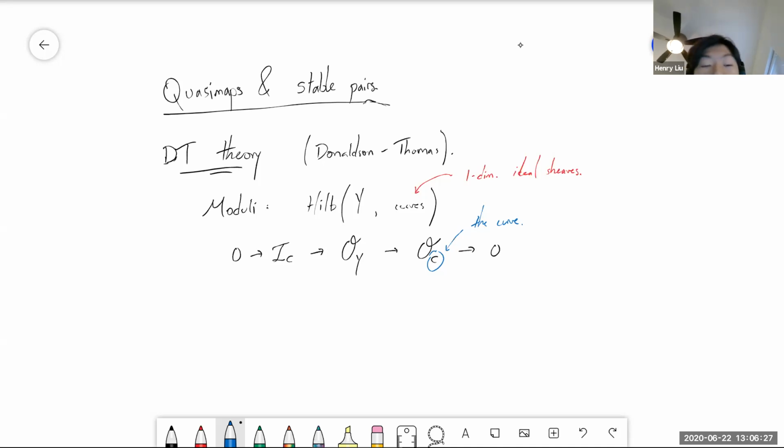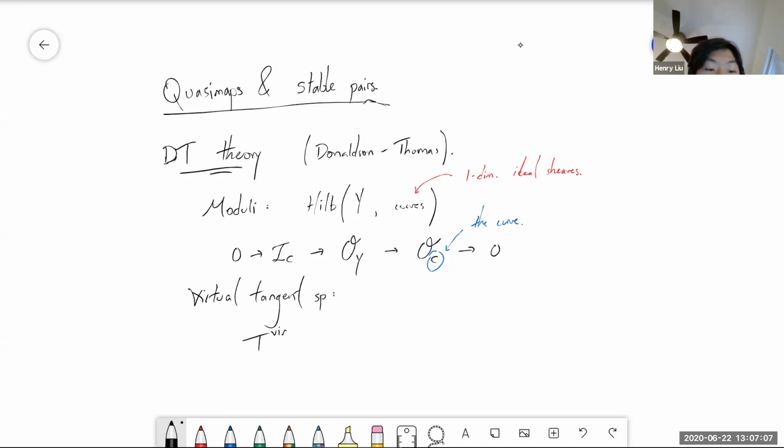Now, when we say we want to count curves, it's not enough to just have a moduli space. We want the information of the tangent space at each point of your moduli space. And because here our moduli space is not very well behaved, we want a thing called the virtual tangent space. Okay. And this will be T^vir.